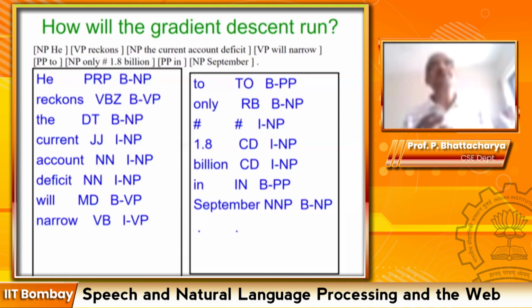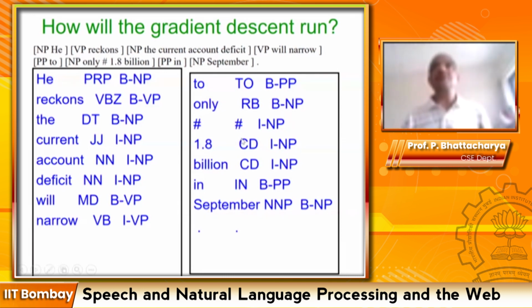And if you compare this with hidden Markov model, what do you see? In hidden Markov model, you simply take a ratio of counts: the count of the next tag preceded by the previous tag, divided by the number of previous tags. In your assignment you have seen this. So that is a very fast operation.